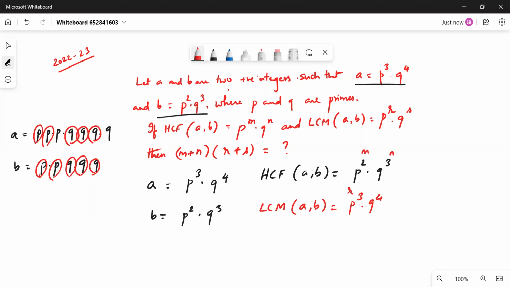R is 3 and S is 4. Now M plus N, that is 2 plus 3, into 3 plus 4. This is 5 into 7. My answer will be 35. Clear, sir? Any doubts regarding this question? No, sir.